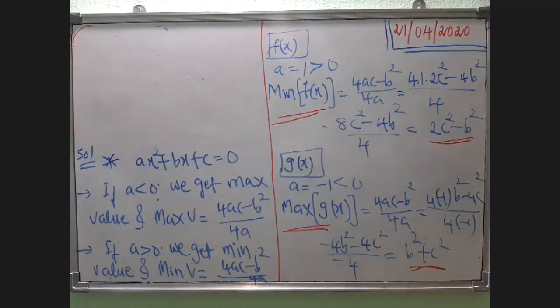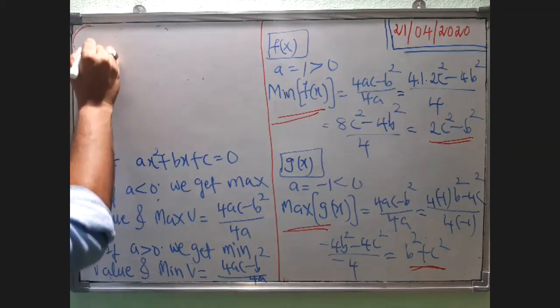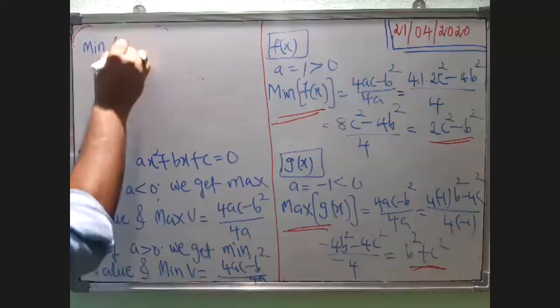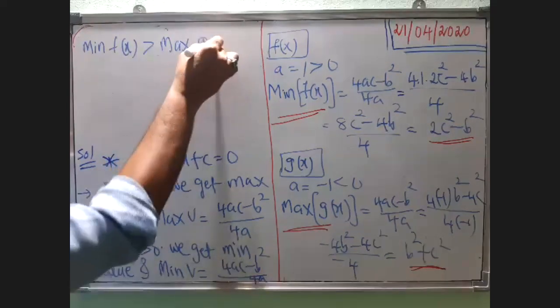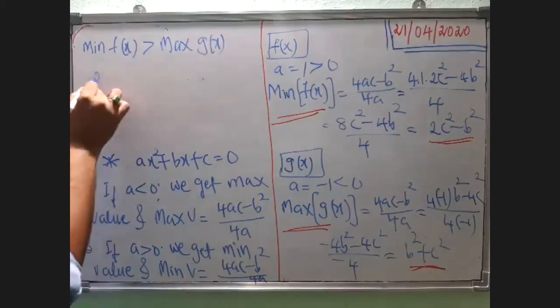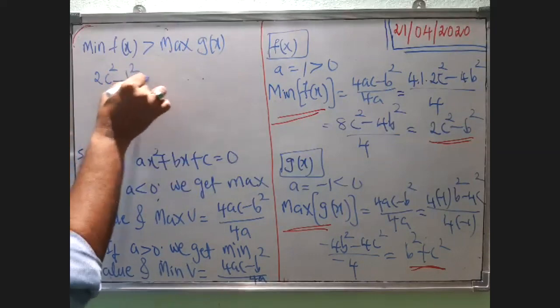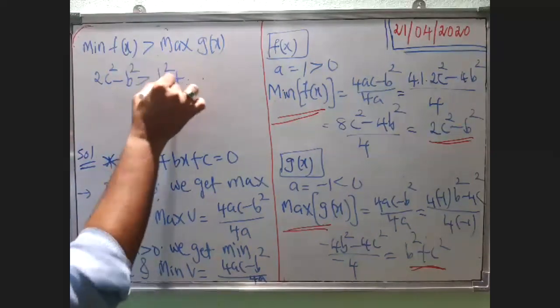So according to the question, given that minimum of f of x is greater than maximum of g of x, this implies 2c square minus b square is greater than b square plus c square.